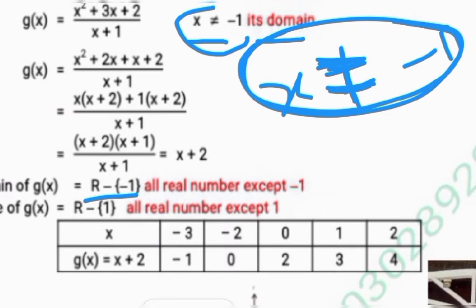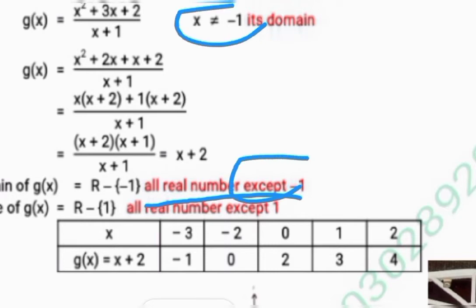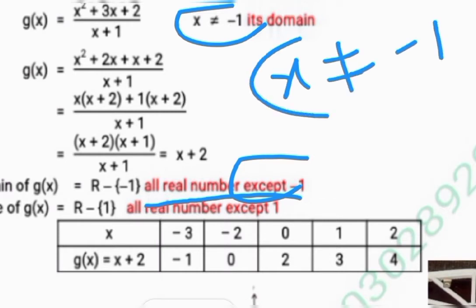Not included means we have to subtract. So we write all real numbers minus -1 as the domain. In descriptive language, I have told you that it is all real numbers except -1, because x is not equal to -1. This means this is not in the domain.